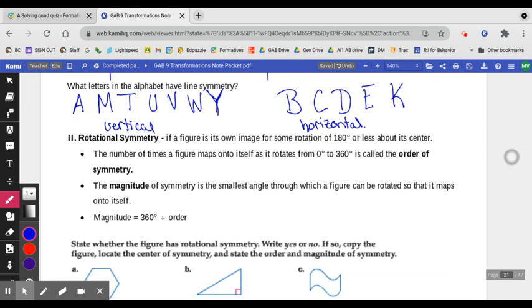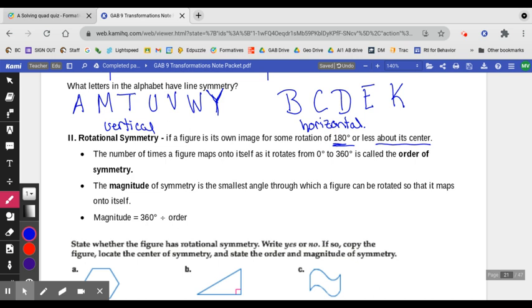Rotational symmetry: a figure has it if it is its own image for some rotation of 180 degrees or less. So yes, everything has rotational symmetry if we rotate it 360. However, we're talking about if it's less than 180, then it has rotational symmetry.